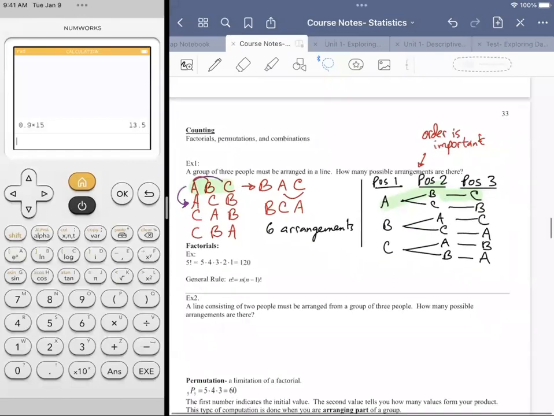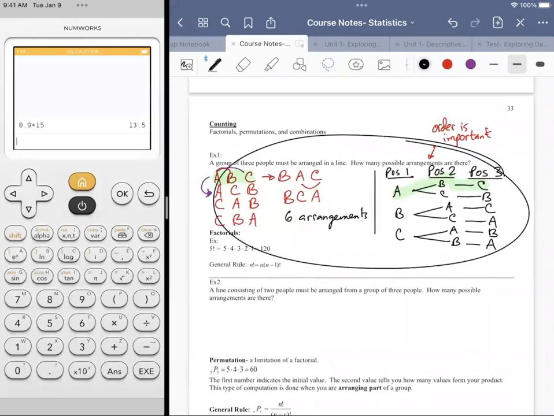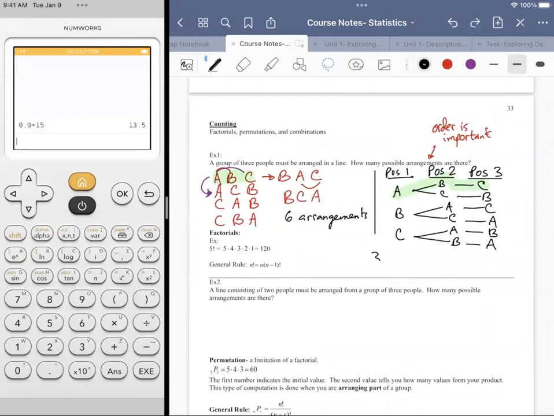Now, another way that you could do it would be to use a factorial. So what this actually simplifies down to mathematically is 3 with an exclamation point. When you write a factorial, if I say 3 factorial, I'm saying 3 times 2 times 1.